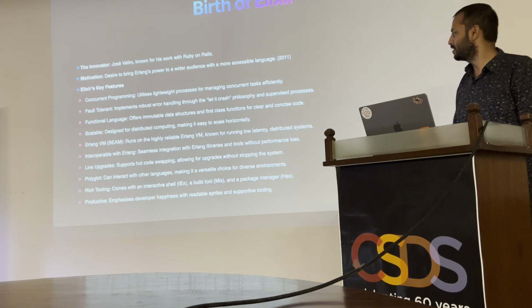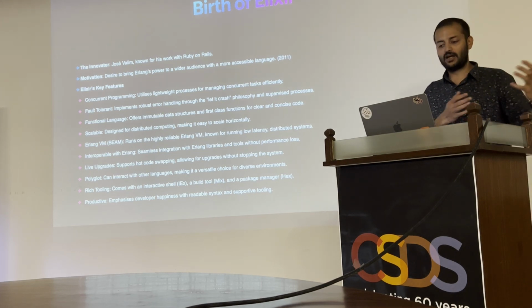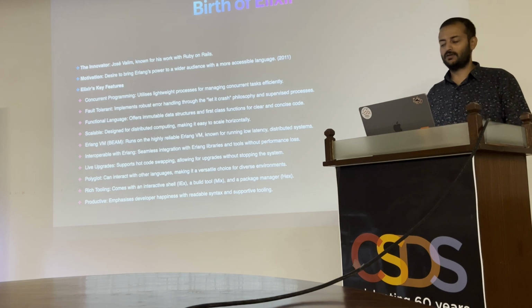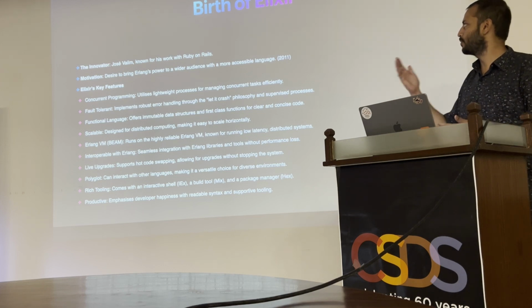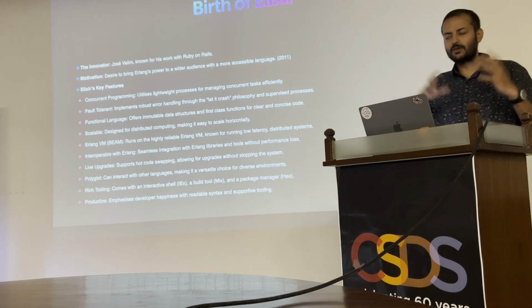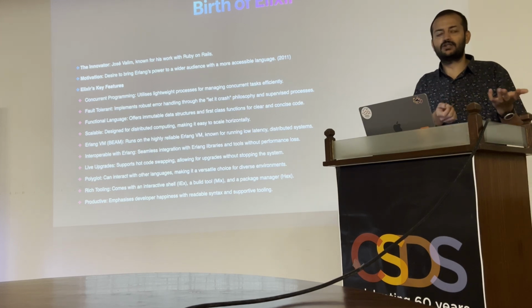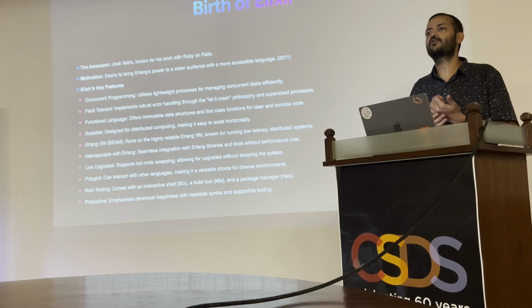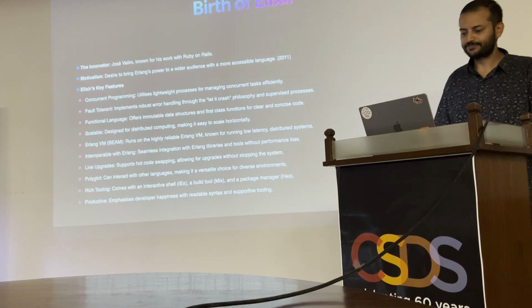And like I said earlier, in about 1998, as Erlang was made open source, it still took about 12 to 14 years, right, to arrive all the way at 2011 for somebody to spot the potential of this technology and to kind of make it more accessible for guys like us.